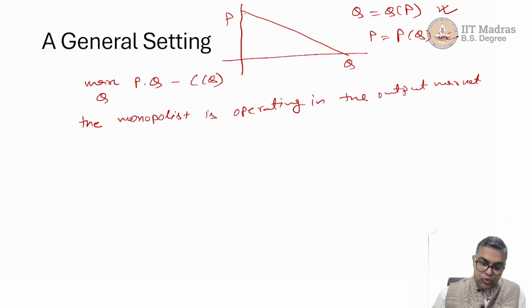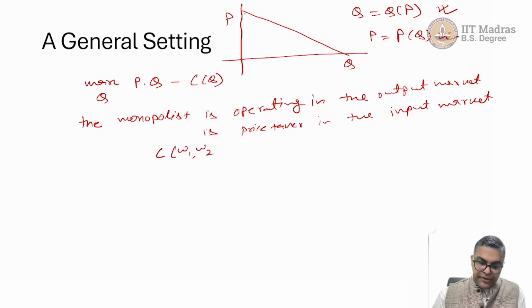We can say the monopolist is a price taker in the input market. Remember, we had done cost minimization and we had figured out that cost would depend on input prices, and because it is a price taker in the input market, we can say this is simply C of Q, and that's what we have written here.